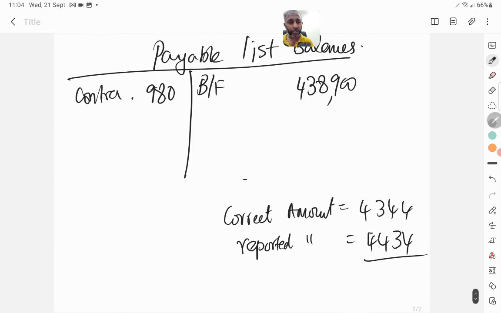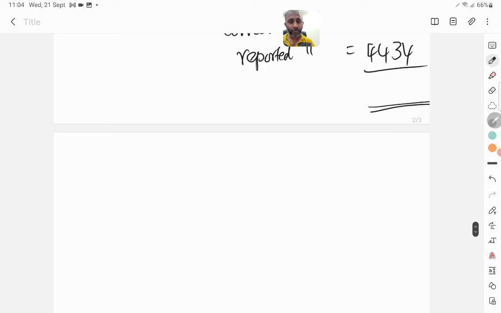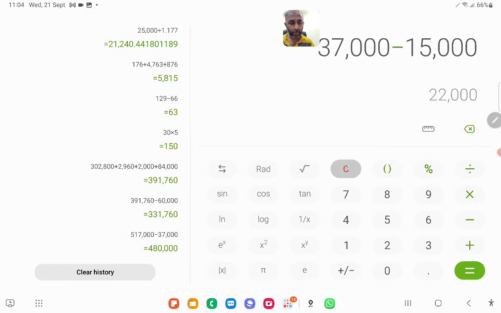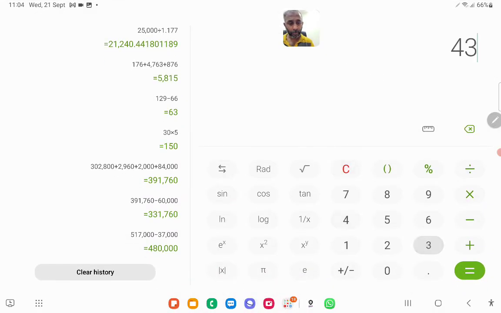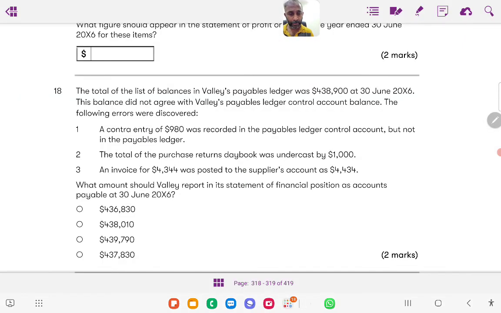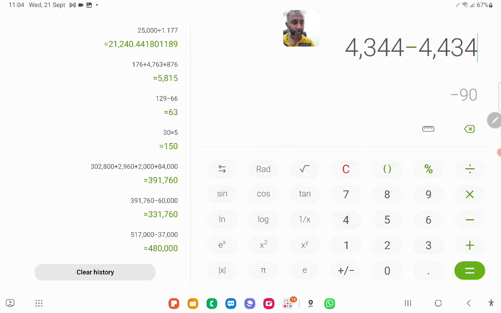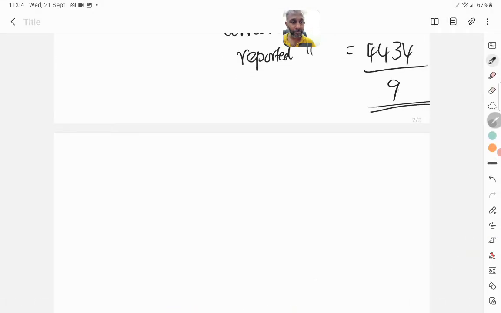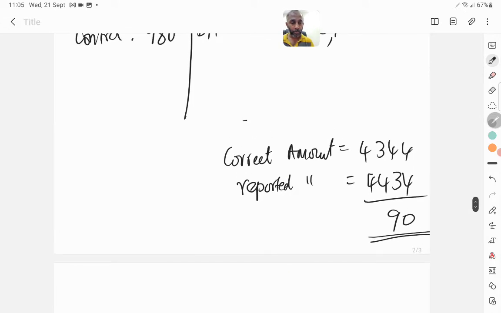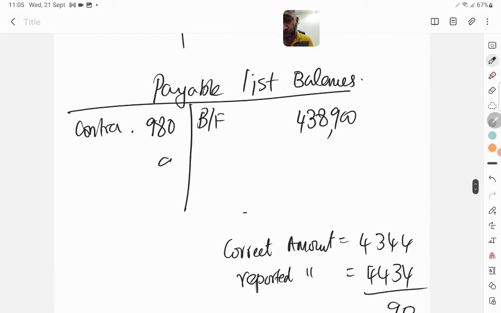So we need to find the difference: 4344 minus 4434, that is 90. Now for supplies, purchases, the correct amount is less, but the reported amount is more. So we need to debit this. So it's a correction of error.